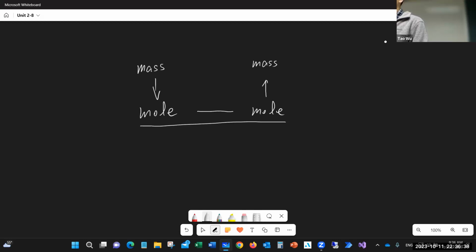The only difference is you need to convert the mass to the mole first, so we know how many molecules are in there, and we can use the coefficients to make the proportion to calculate the product or the reactant. Okay, so that's mass to mole.